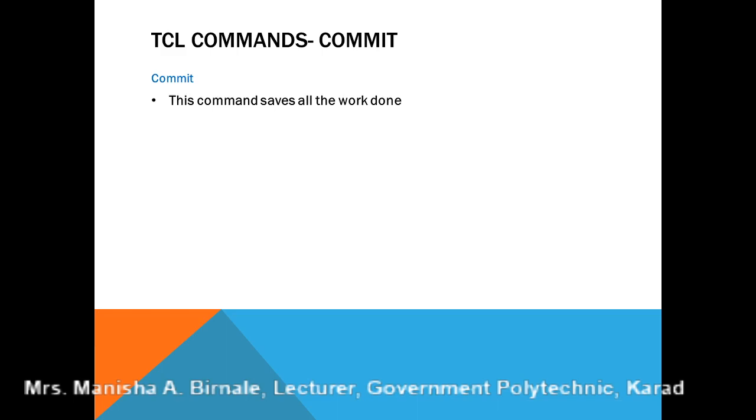Whatever work is done in the database system is saved permanently in the database. There is no need to commit after DDL commands because DDL commands are auto commit. But if you have executed DML commands, then there is a need to commit in order to save that work done.